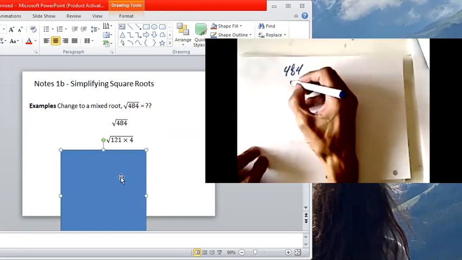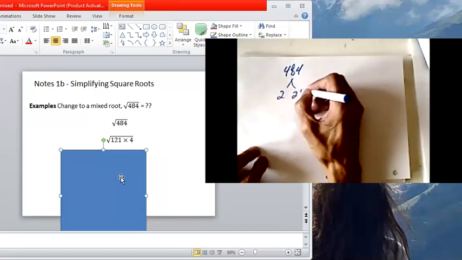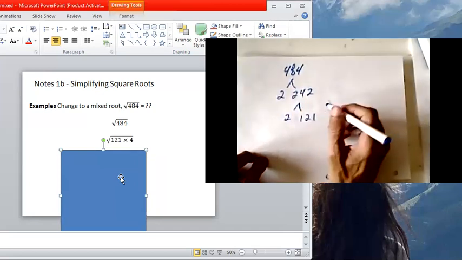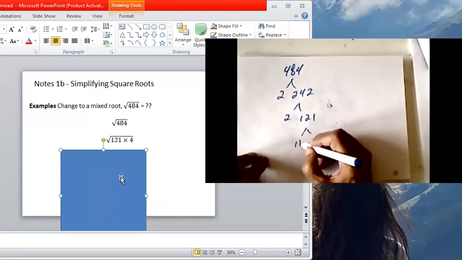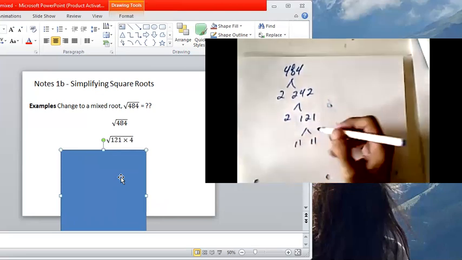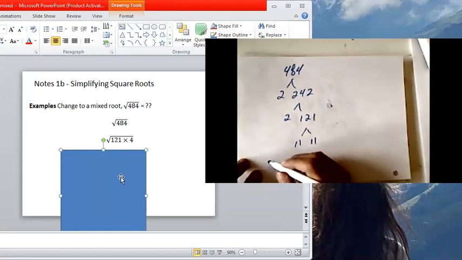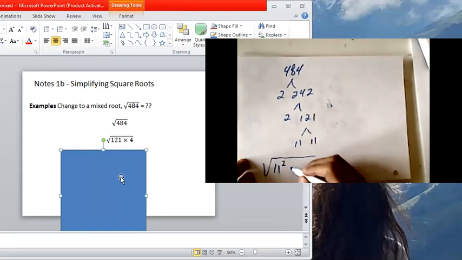See, 484, what goes into both? 2, 242, 2, 121. 121 I happen to recognize as a math teacher. 11 squared, right? So now you can think of it like 11 squared times 2 squared.